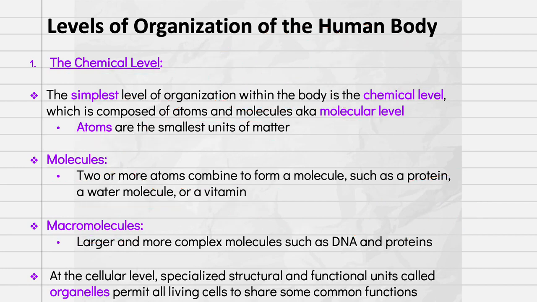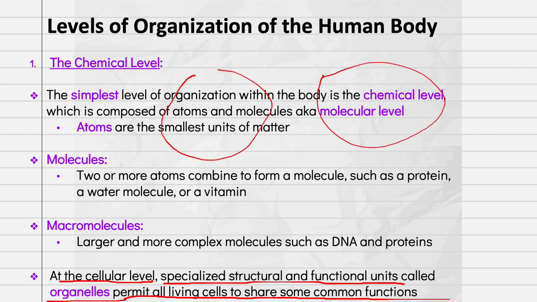Now, at the cellular level, specialized structural and functional units called organelles permit all living cells to share some common functions. As I already told you, many macromolecules will join together and make an organelle. What is an organelle? Nucleus is an organelle.